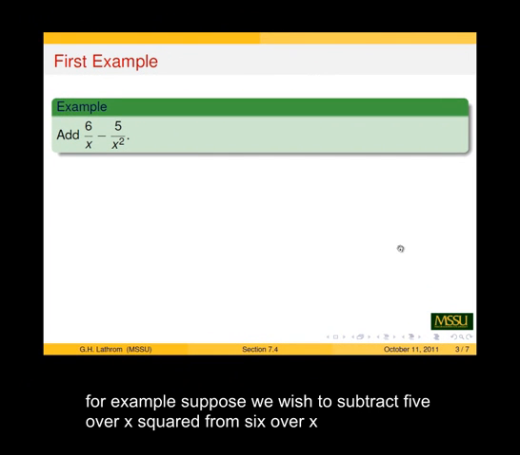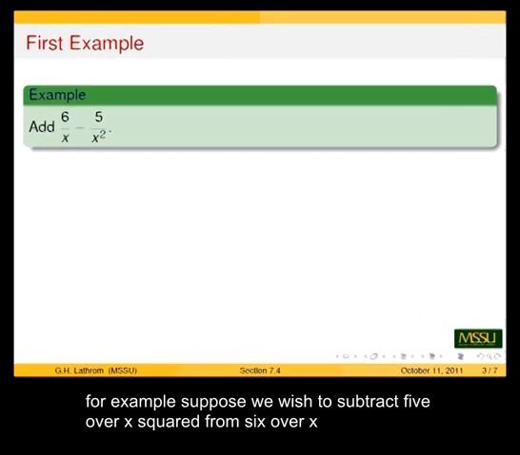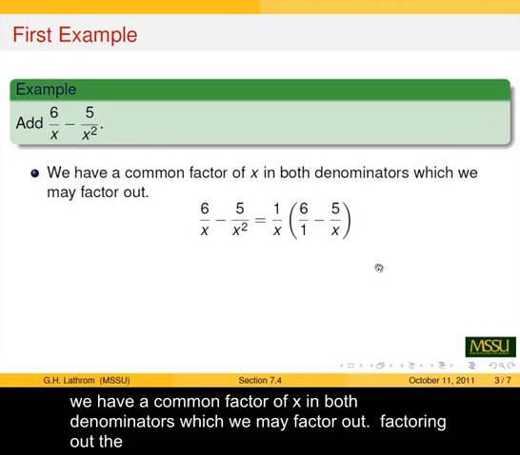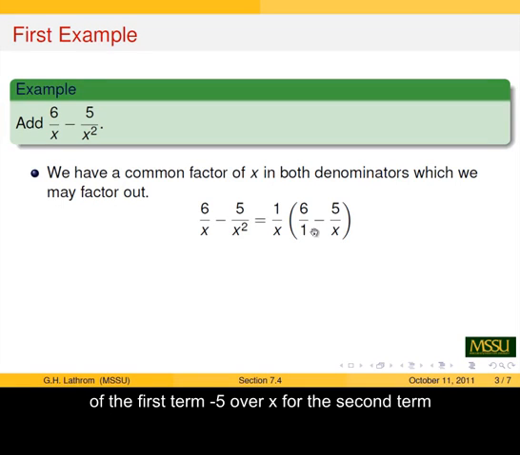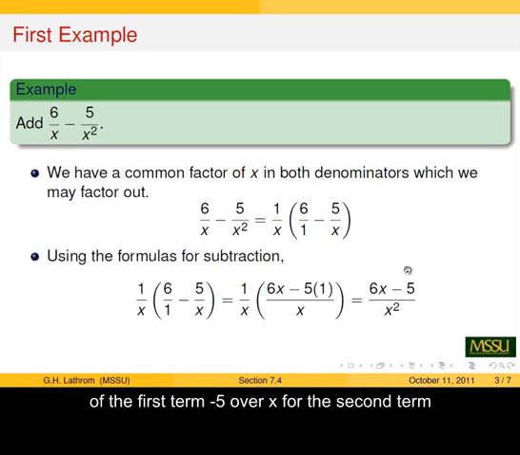For example, suppose we wish to subtract 5 over x squared from 6 over x. We have a common factor of x in both denominators, which we may factor out. Factoring out the 1 over x, we have an x in the denominator, a 1 in the numerator, leaving us with 6 over 1 for the first term minus 5 over x for the second term.